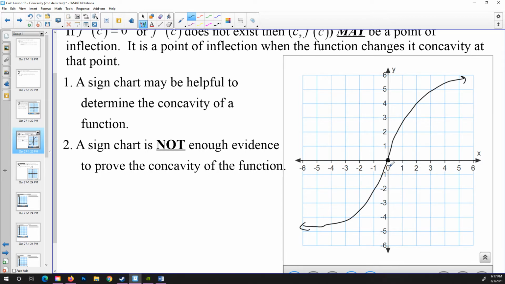So here at 0, 0, we have a point of inflection. Sometimes known as the point where the function is increasing or decreasing at the greatest rate, sometimes known in business as the point of diminishing returns.